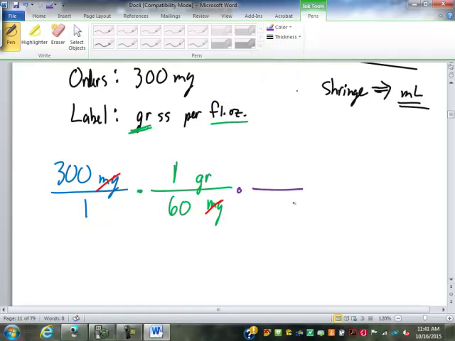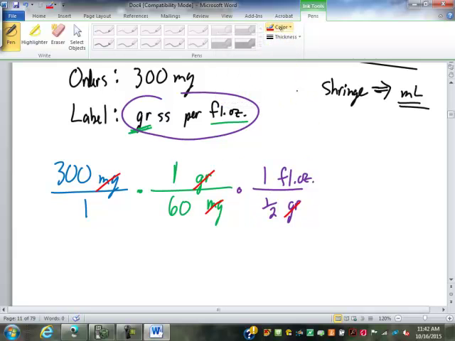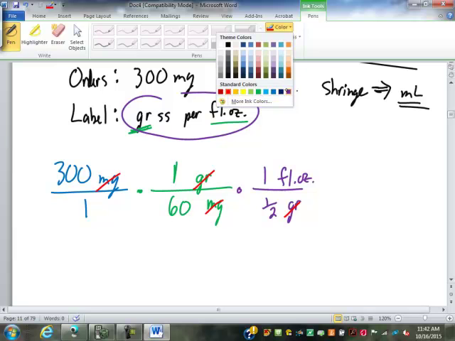The next conversion, we have to get rid of the grains. This is where the label takes us from grains to fluid ounces. What numbers are going to go in here? Got 1/2 grain, 1 fluid ounce. Grains are gone. But we're not done yet.